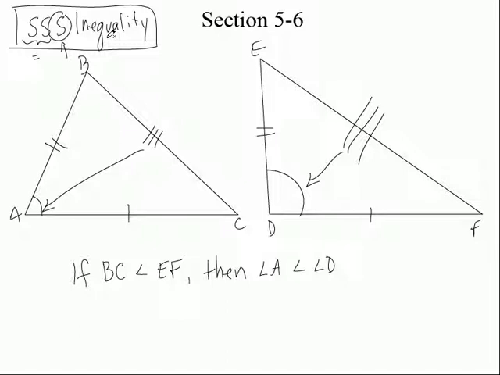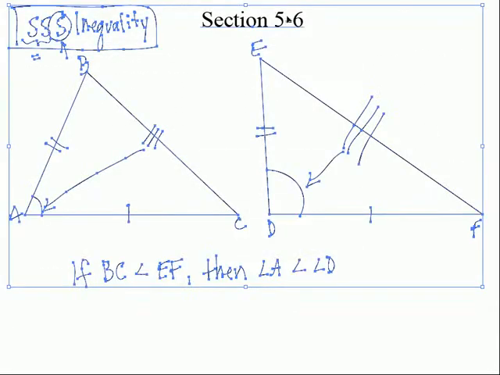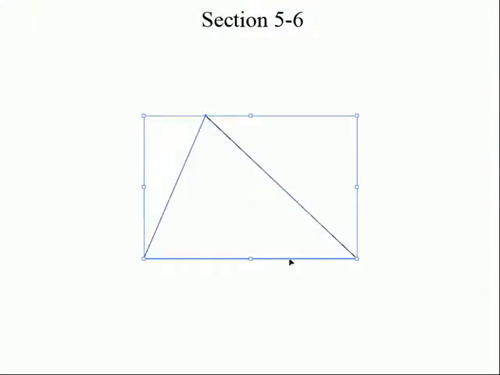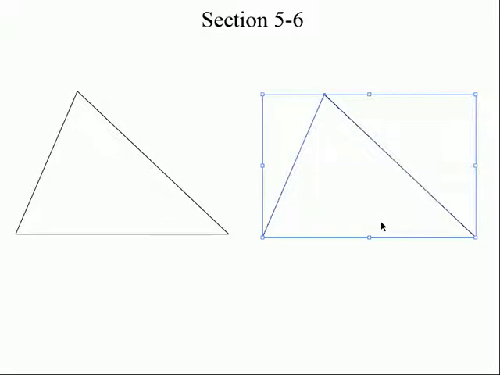Make sense? All right. What they're going to do now is this. We're going to do the converse of it. So let's use the same triangle. Might as well. And I'm going to do pretty much the same thing to it, but the information that we've been given is going to be a little bit different.